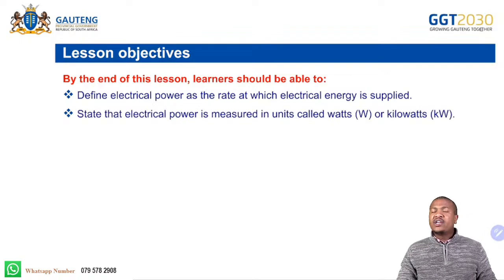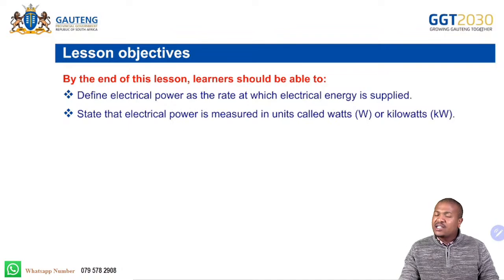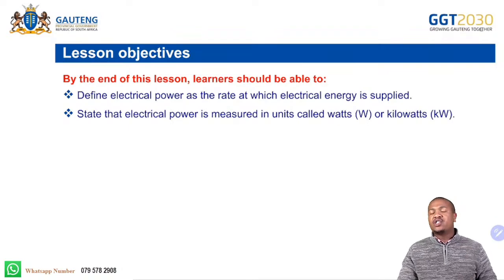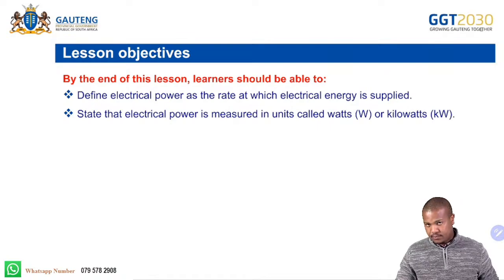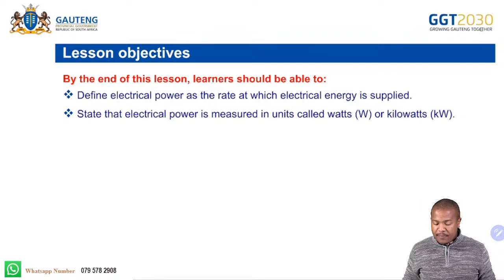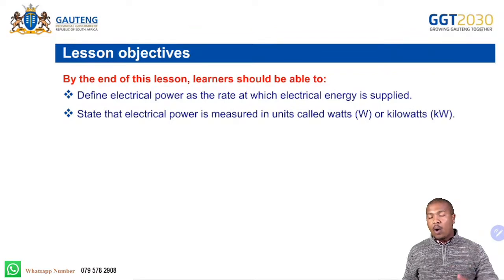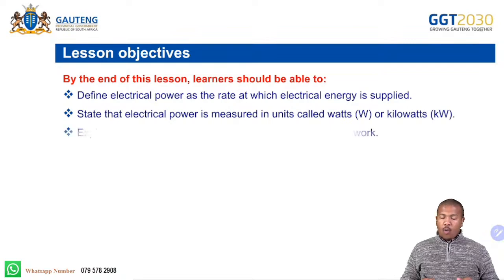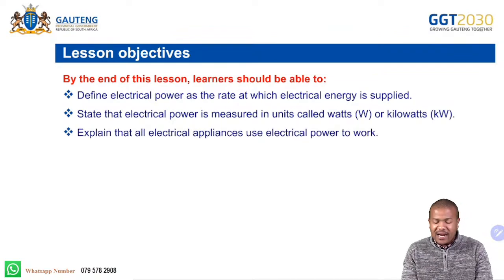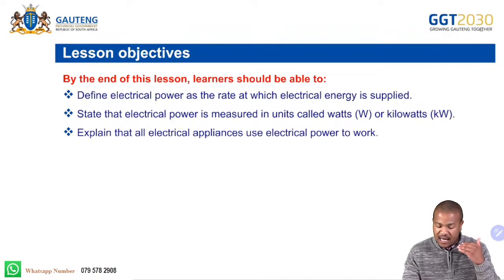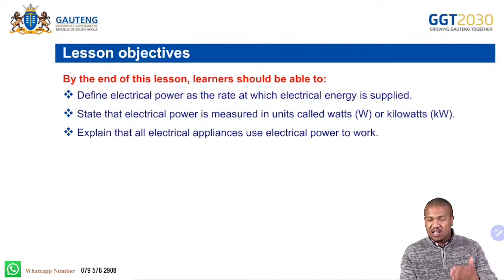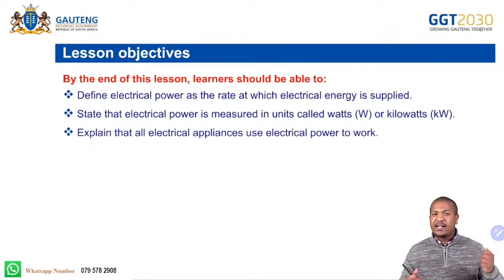Also, we need to be able to state that electrical power is measured in units called watts or kilowatts. We also need to be able to explain that all electrical appliances use electrical power to work. Each and every electrical appliance needs electrical power to work.